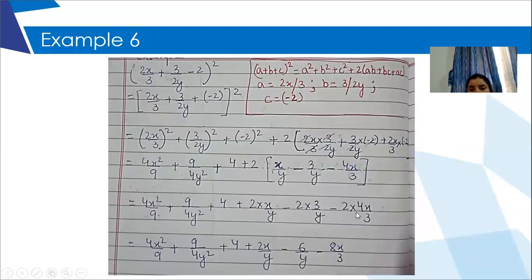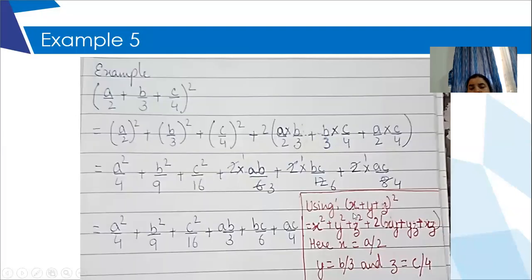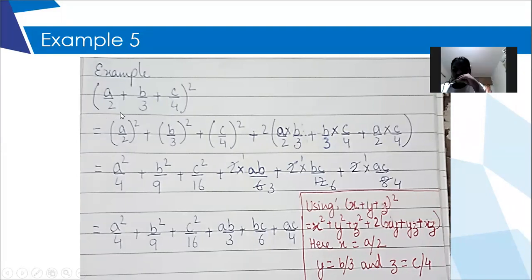Now, first thing, you apply the identity and write the spread of it, right? Next thing is, if you pick this up and try to put it on this, what will match or what will go and sit on X? A by 2. And what will go and sit on Y?